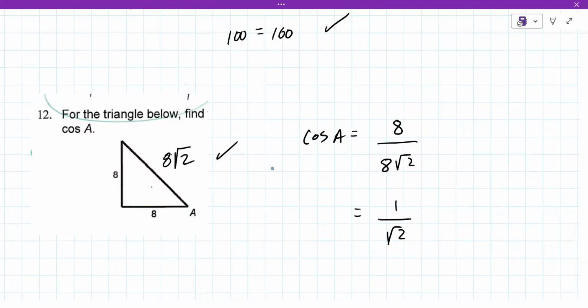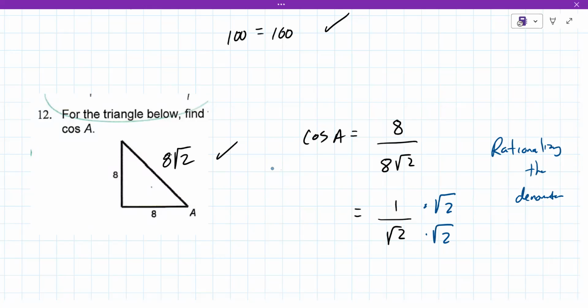I didn't talk about what's called rationalizing, and they really mean rationalizing the denominator. That means to get rid of the root in the denominator. So to do that, you have to multiply the top and bottom by the square root of 2.